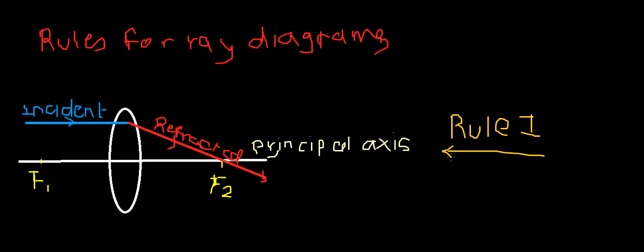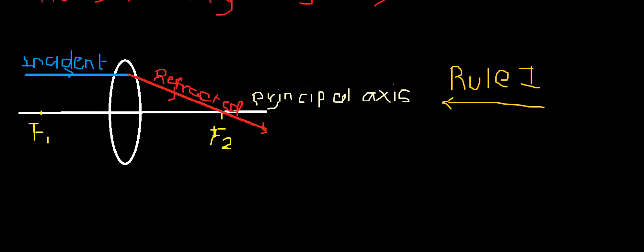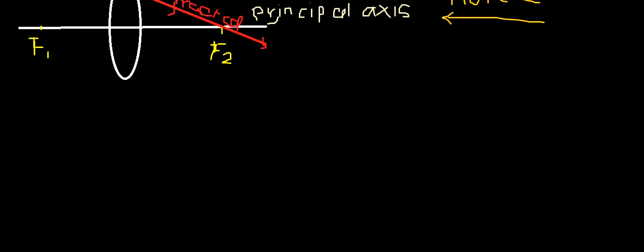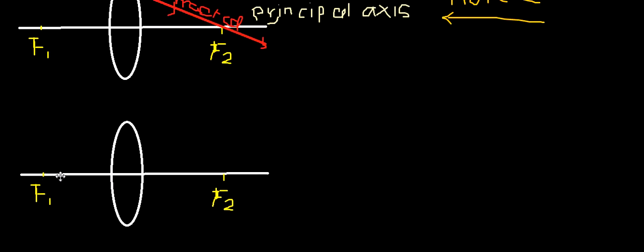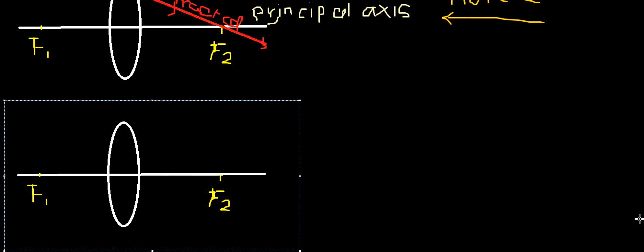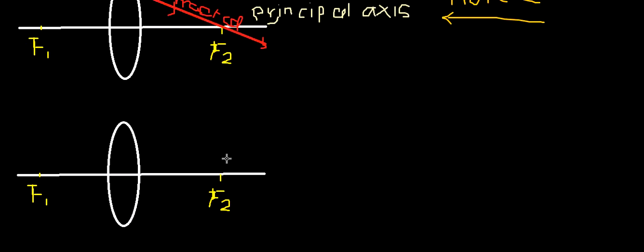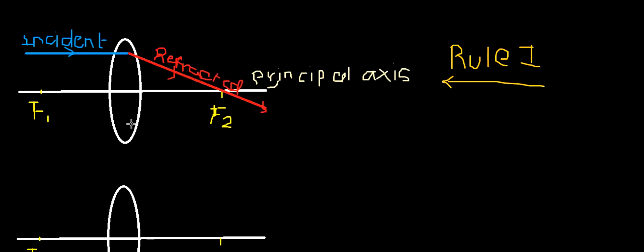Now let's see what rule 2 tells us. So again I'm going to copy and paste. I've already copied. So this is my another lens. This is a convex lens. And yes, I forgot to mention this point.